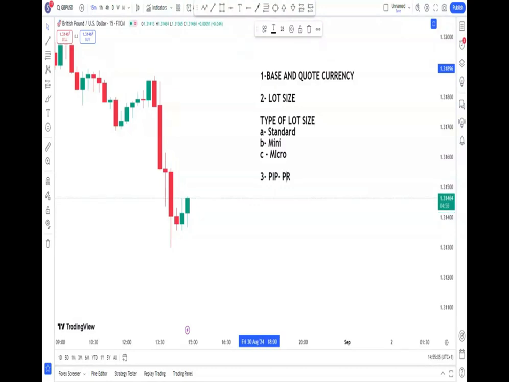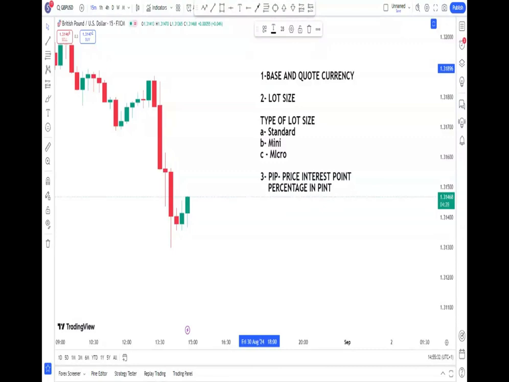That's what we call pips. Some people call it percentage in points. That is what we call pips.